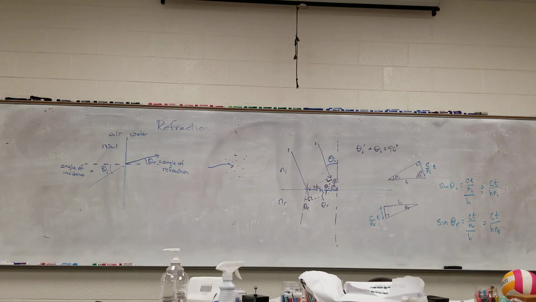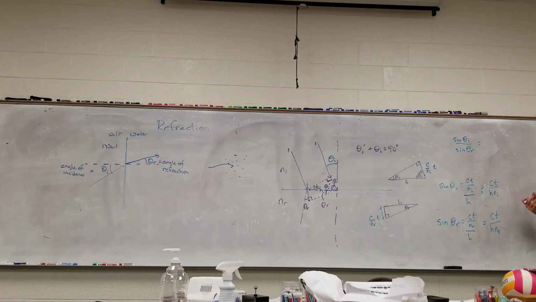Obviously, we have a bunch of stuff that's common to both of them. So let's do some division. We'll divide the sines and we'll divide these fractions over here. If I divide the sines, I have sine of theta sub I over sine of theta sub r.